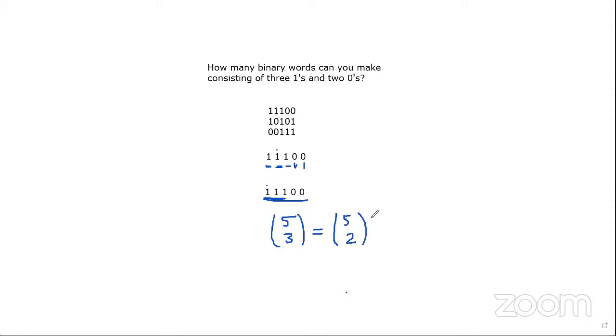So that's the same thing. It is the same as 5 factorial divided by 3 factorial and 2 factorial, while this one is the same as 5 factorial divided by 2 factorial and 3 factorial.